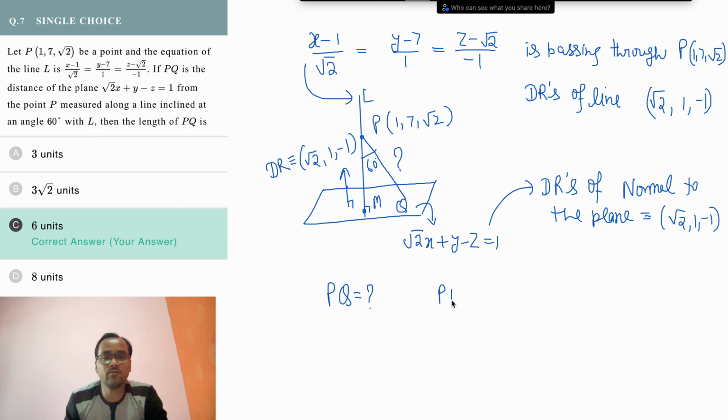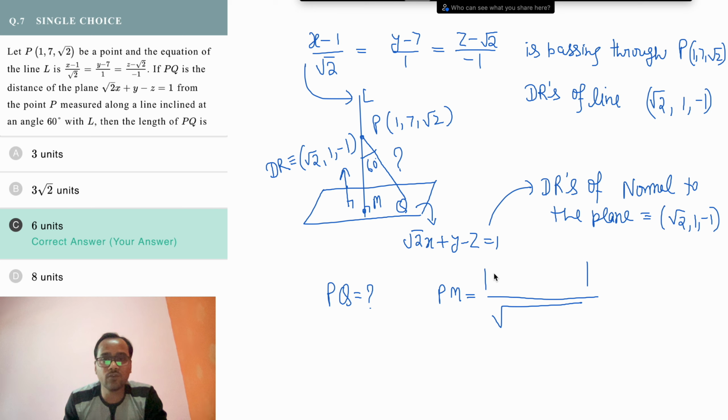So the PM can be obtained by the formula, which is modulus of ax1 plus by1 plus cz1 plus d upon root of a square plus b square plus c square. So ax1 means root 2 into x1, where x1 is 1, y1 is 7, z1 is root 2.